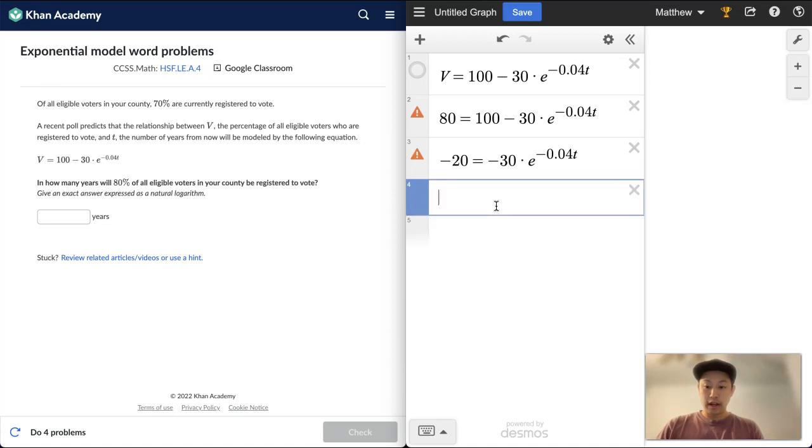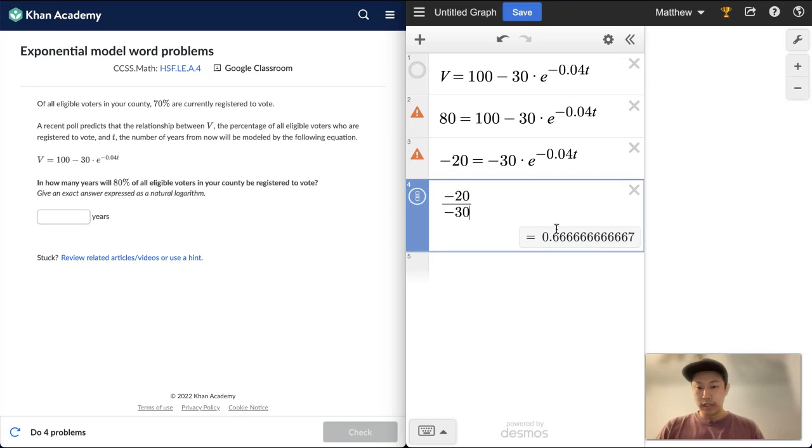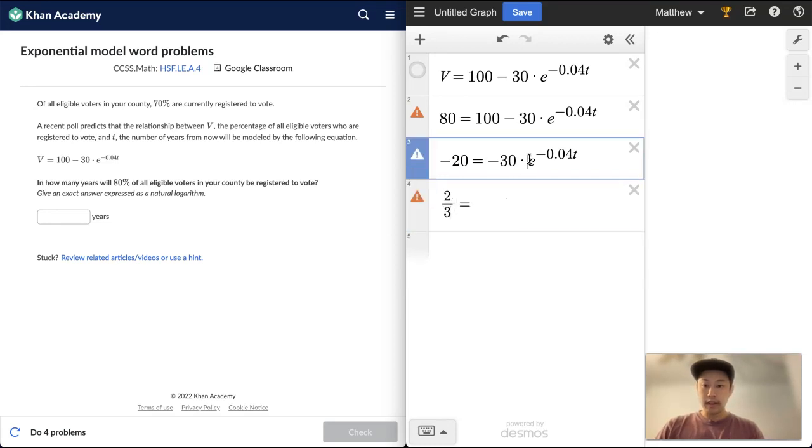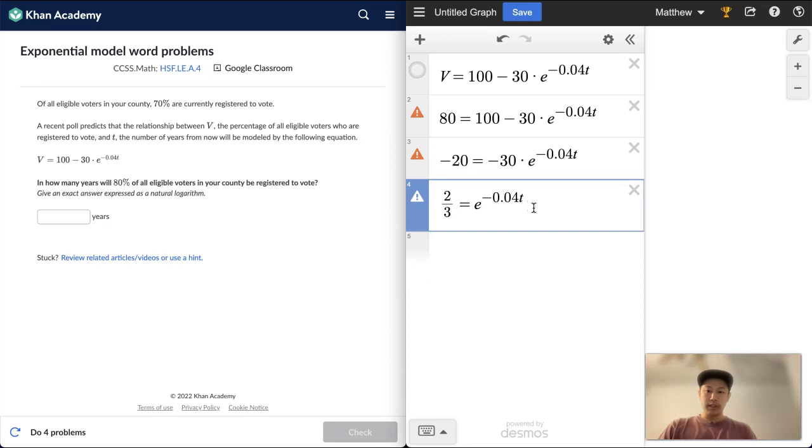Negative 20 over negative 30 simplifies to 0.6 repeating. I'll leave it as 2/3. I will simplify as we go. So negative 20 divided by negative 30 is 2/3. So we're going to get a 2/3 over here, and then just this piece. Okay, so we successfully isolated your exponential term.